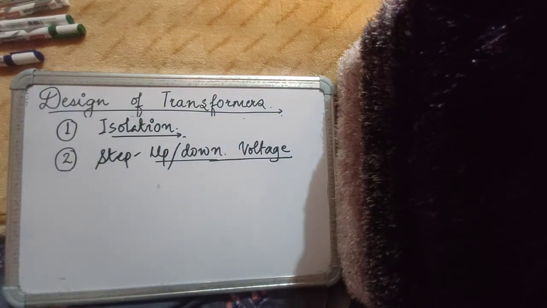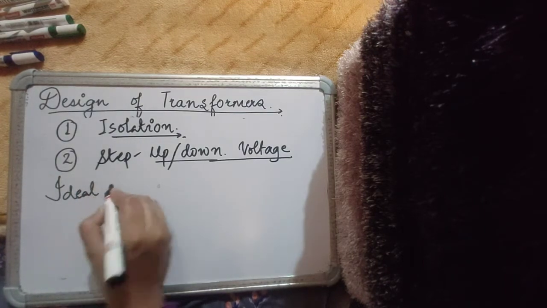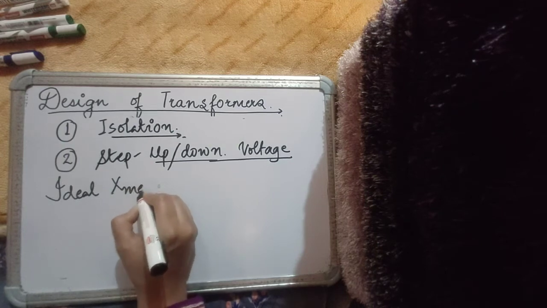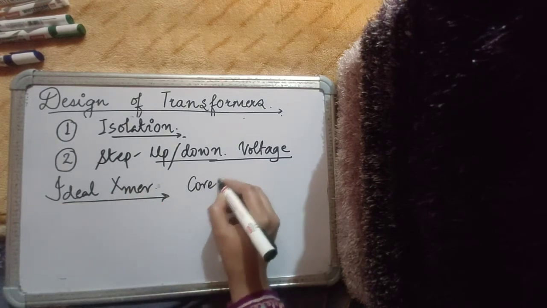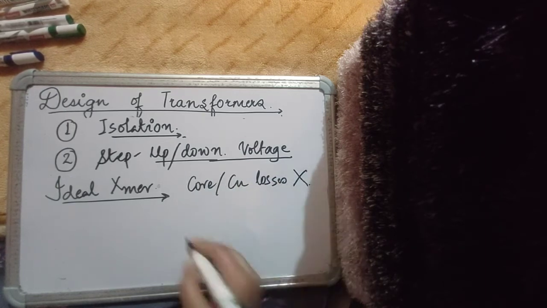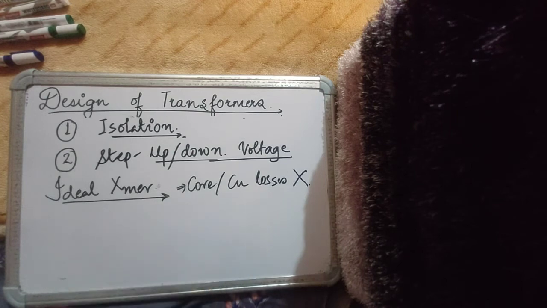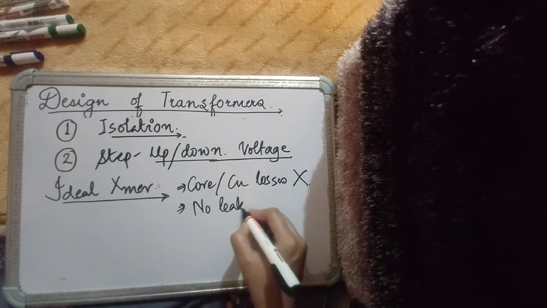Now let's consider an ideal transformer where we tend to neglect many things, such as copper losses and core losses in the transformer. They are completely neglected. We also assume that whatever flux is linked with the primary, it is equally linked with the secondary as well. So there is no leakage flux. There is no copper or core loss.